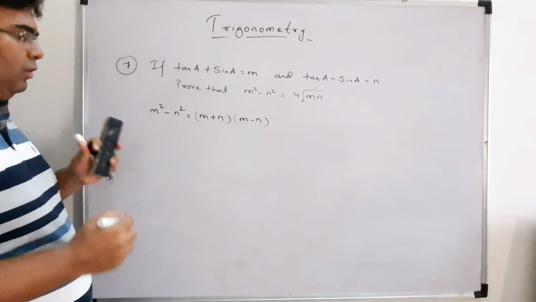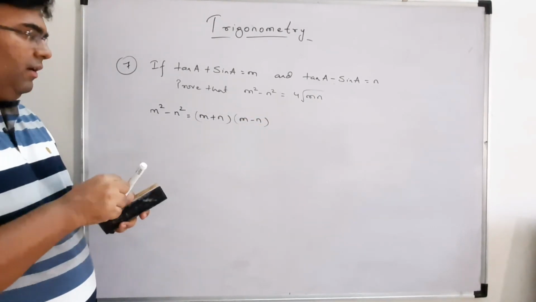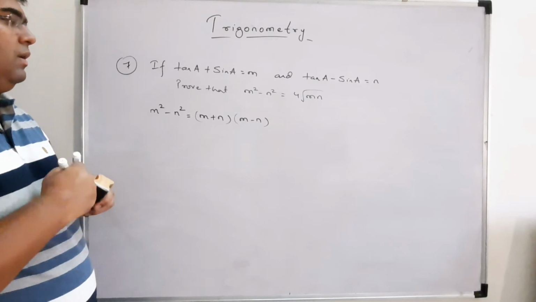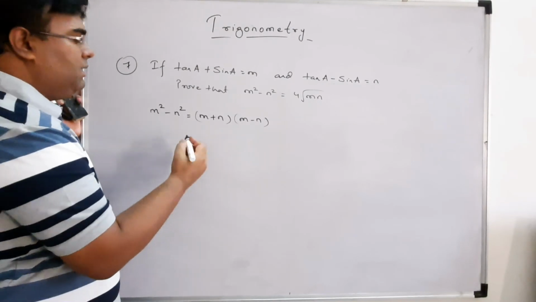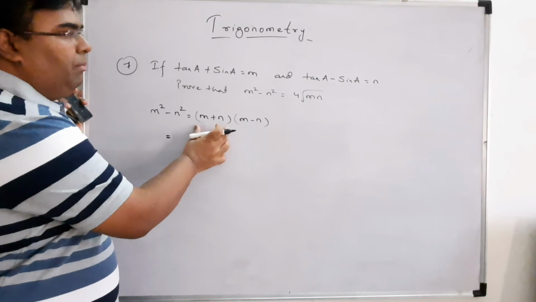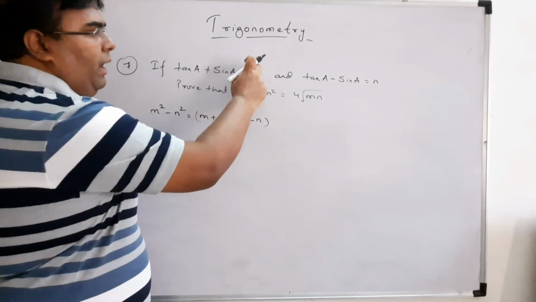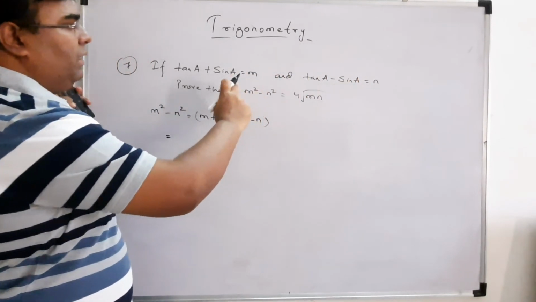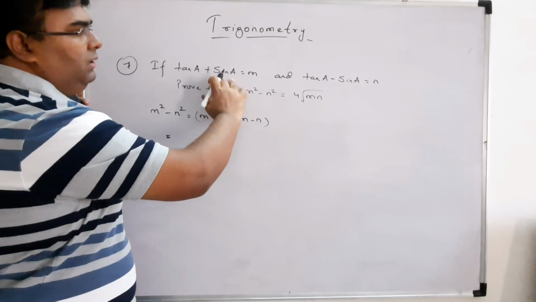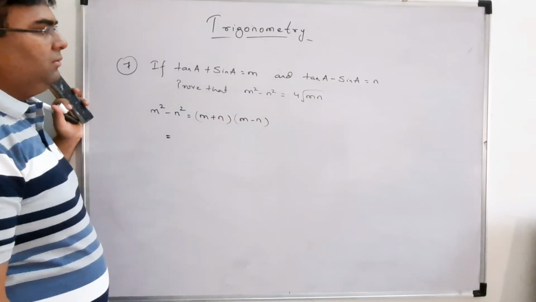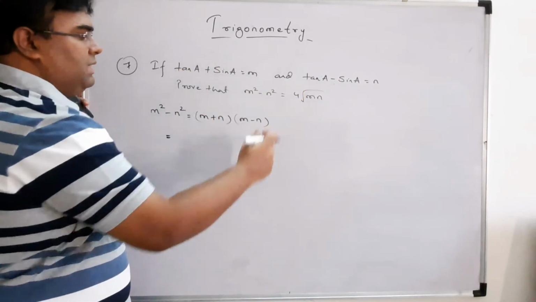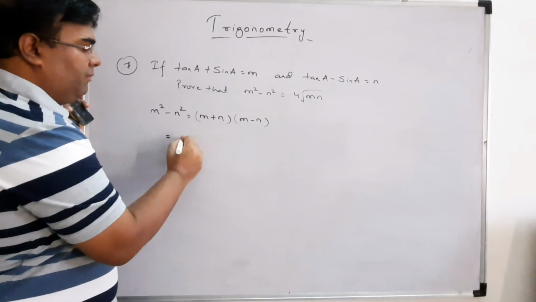Using formula a plus b, a minus b, we can write m square minus n square as m plus n, m minus n. Now m plus n means what? If you add this m plus n, you will get sin A cancelled, and only tan A plus tan A, you will get 2 tan A.